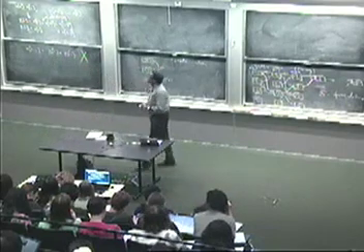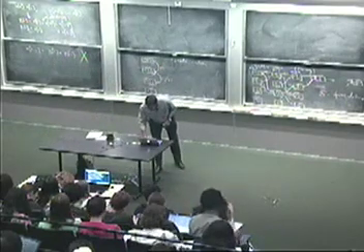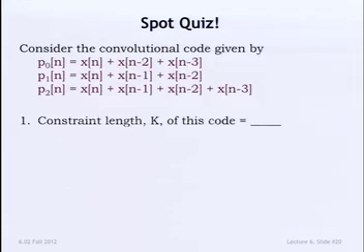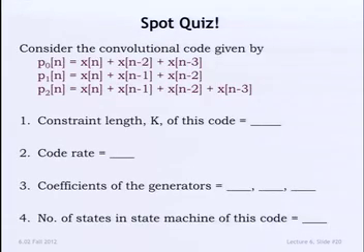Okay, so well, actually, since I have you here, let me put up a spot quiz. We haven't quite hit the mark, so can you answer these for me? What's the constraint length of this code? Anyone? Who hasn't answered? Yeah? 4, right?